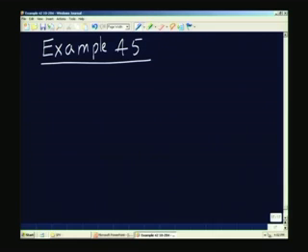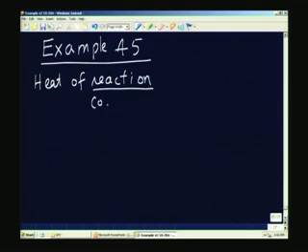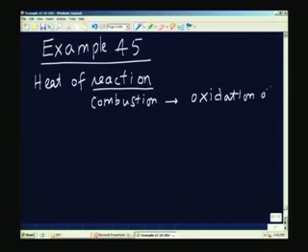So, usually a heat of combustion or heat of reaction, in general, combustion is a specific reaction where oxygen is going to combine with the fuel to provide the products of combustion. Heat of combustion means it is nothing but oxidation of the fuel.